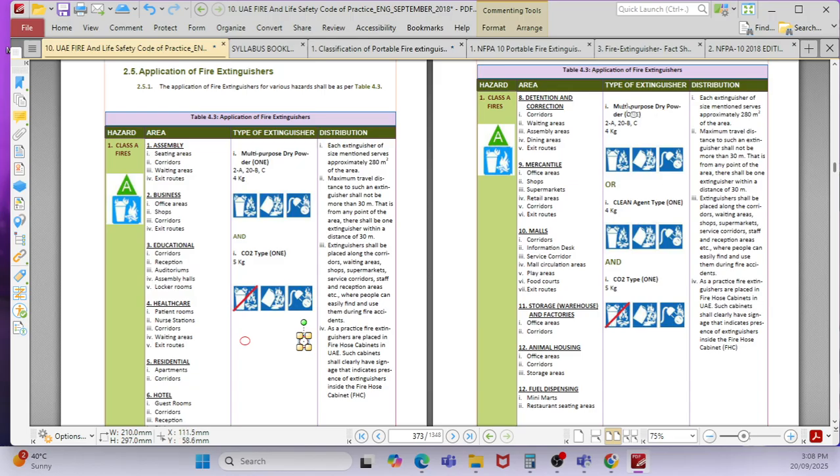So you can use any one type, either multi-purpose or clean agent type or CO2 type. Okay, so here it's again given the area, 280 square meter coverage, and it can go 30-meter distance, right?